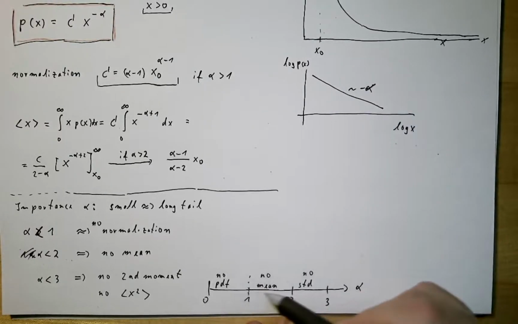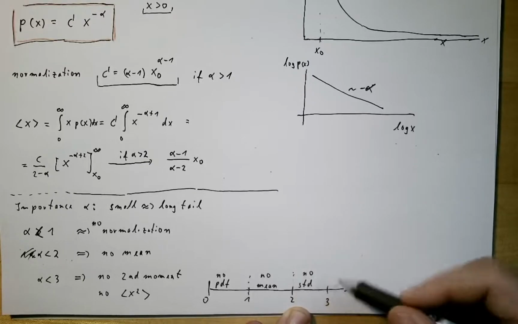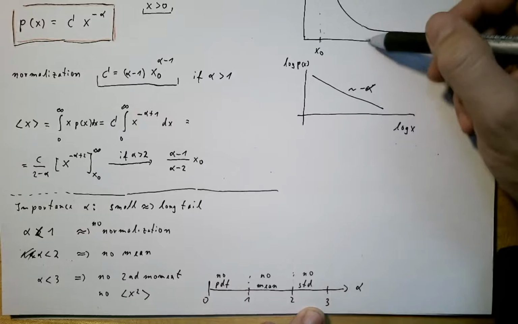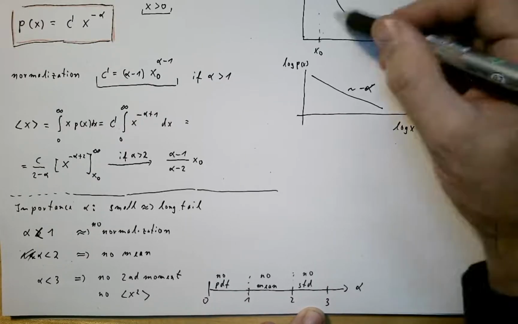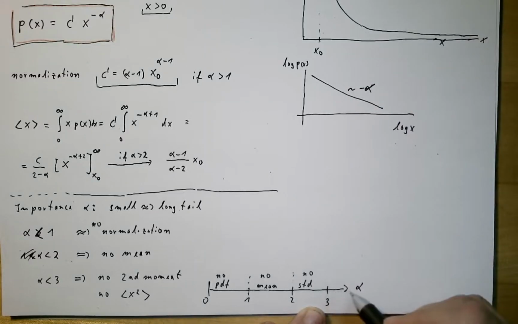It's more mild: the larger alpha gets, the more mild the distribution will be. But still, we don't have a variation. But then at least we have a typical value of our random variable. But the standard deviation is still infinite. And only if alpha is larger than 3, we have a defined mean and standard deviation.